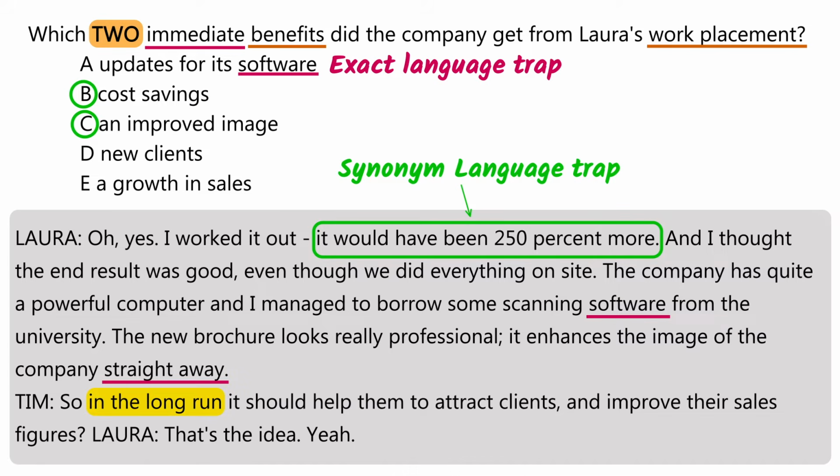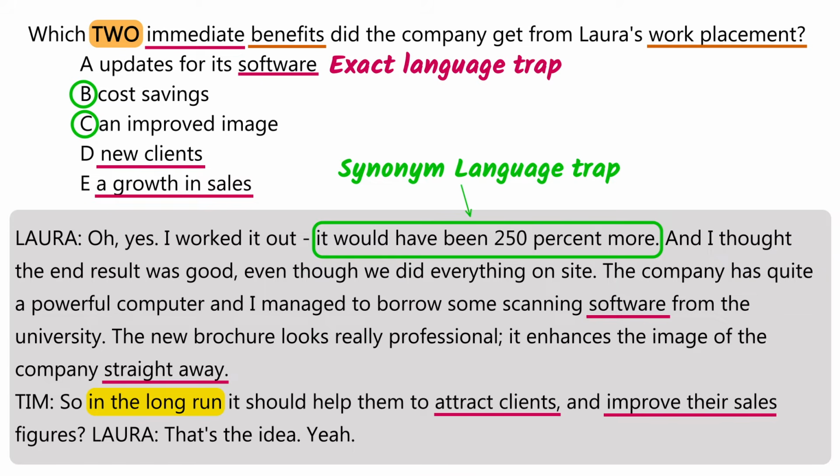It is not about immediate benefits, as you can see. So beware of these traps in listening tests, all right? So as you can see, attract clients, new clients, and improve their sales. A growth in sales in the answer choices are exactly the same, but this is not the answer because the question is about immediate benefits, not long-term or long-run benefits.